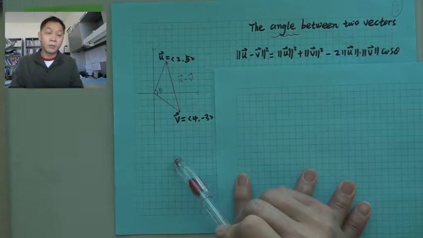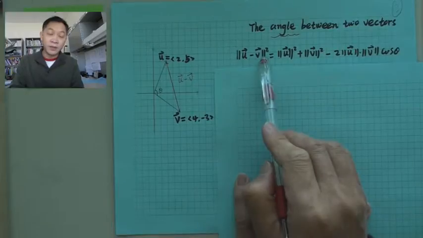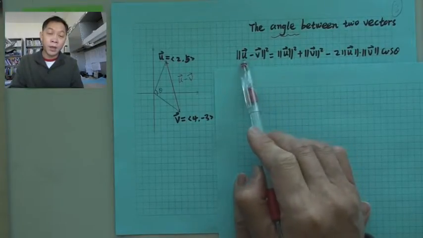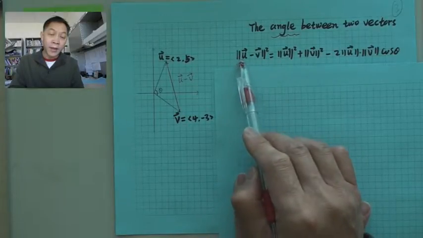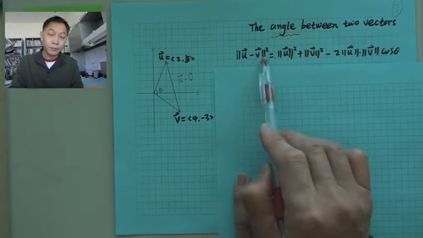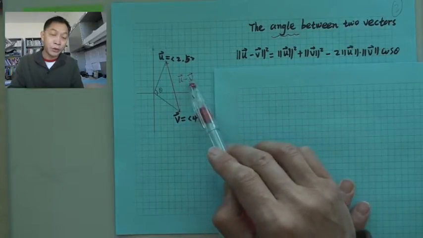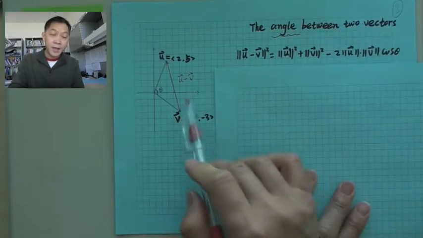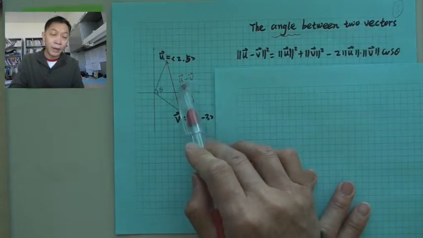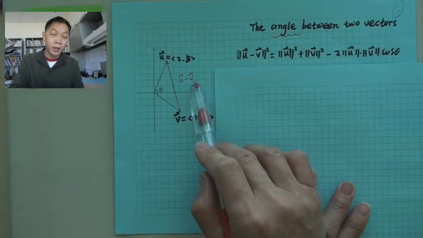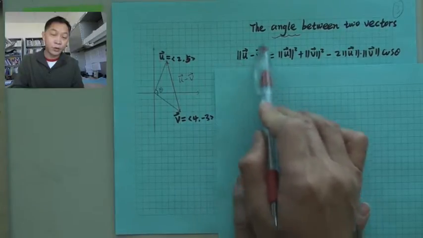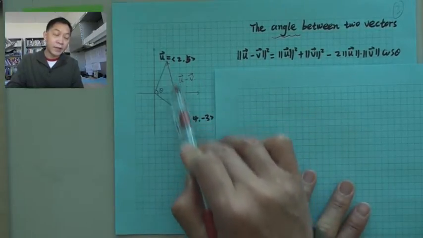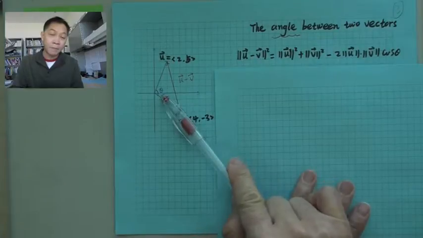Then the length of u minus v, you take the length and then square it. You know, this side is the opposite side of theta.